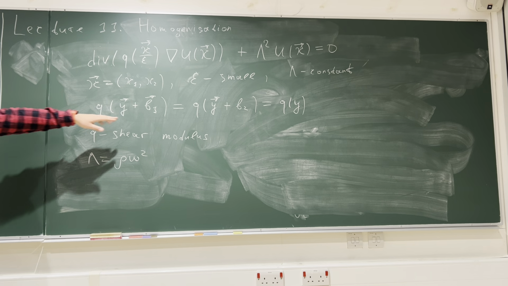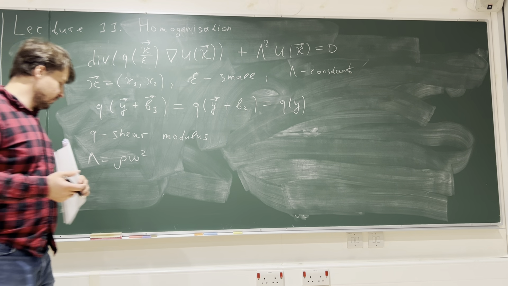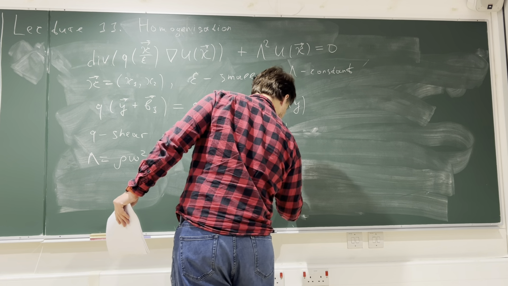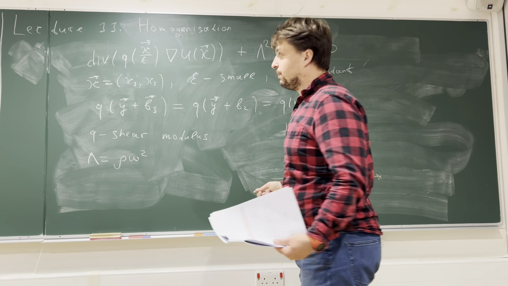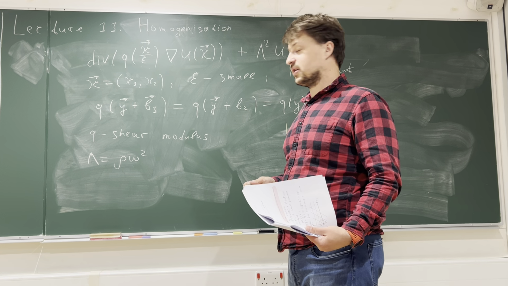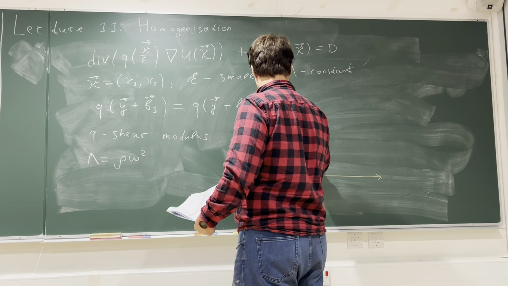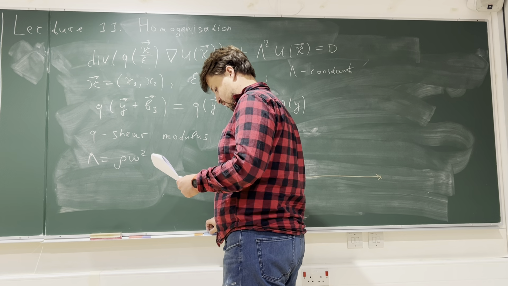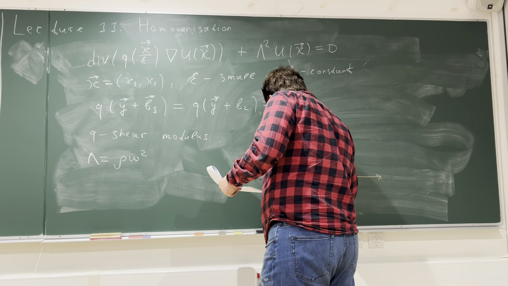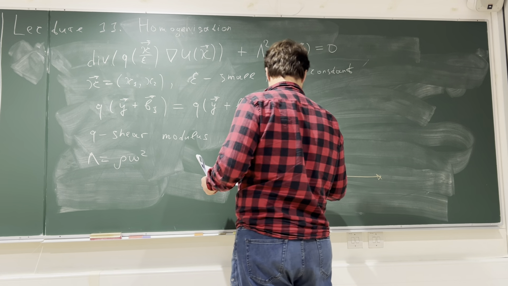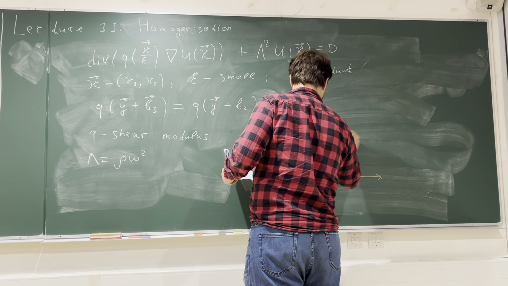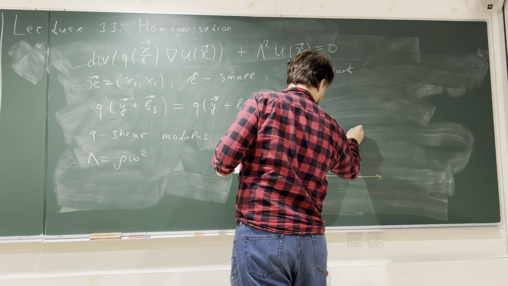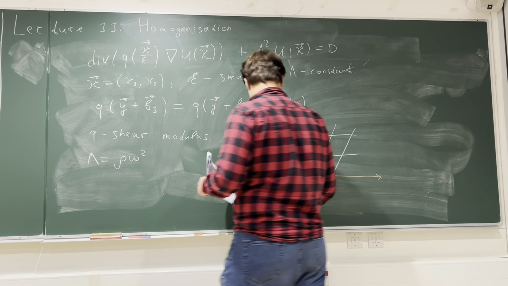And this thing I also probably should clarify. So it means that we have a periodic material with its properties that change periodically, and we have directions of periodicity.